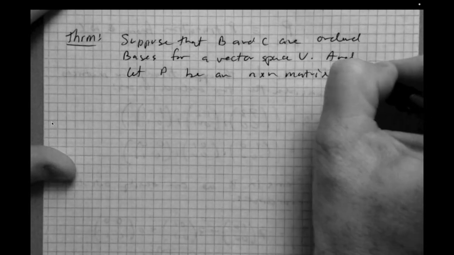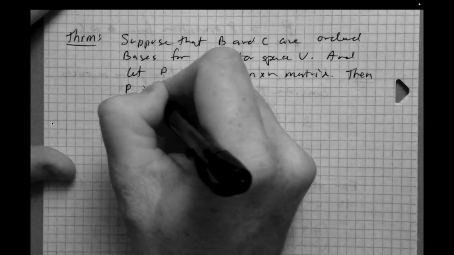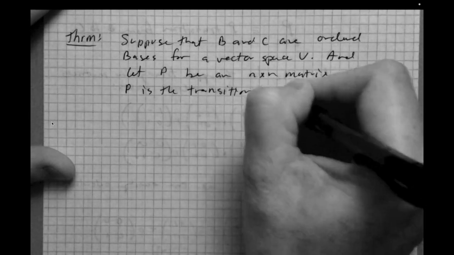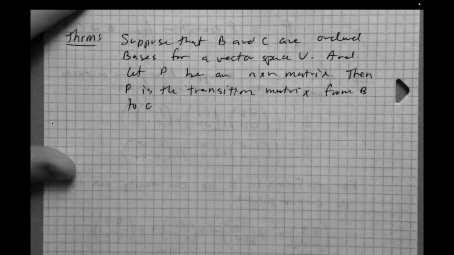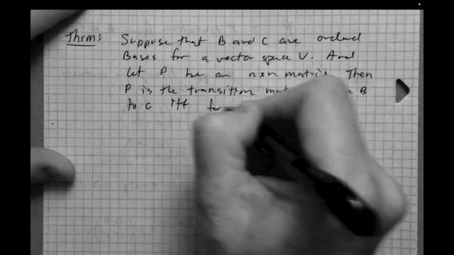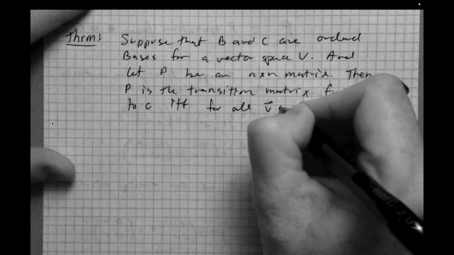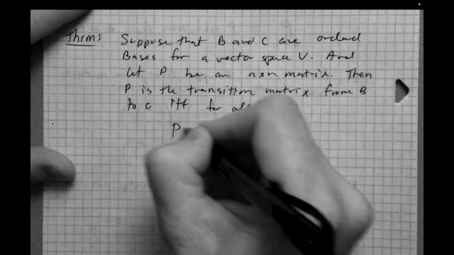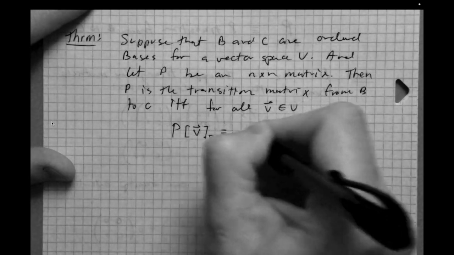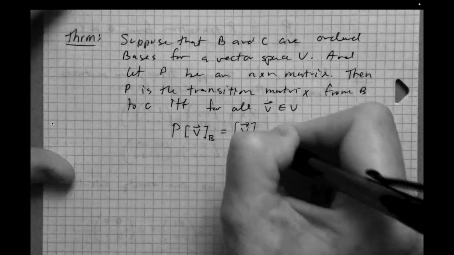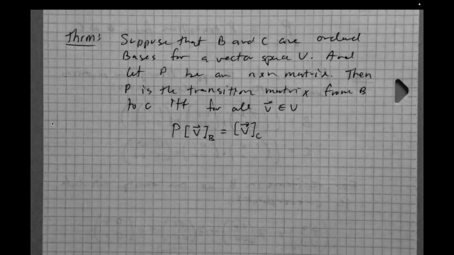Okay. Now here's the punchline. Then P is the transition matrix from B to C if and only if for all vectors v in the vector space V, P times the vector coordinatized in B is equal to v coordinatized in C. Right, so basically what this says is that you can just do a multiplication by the transition matrix and you get the new coordinatization.